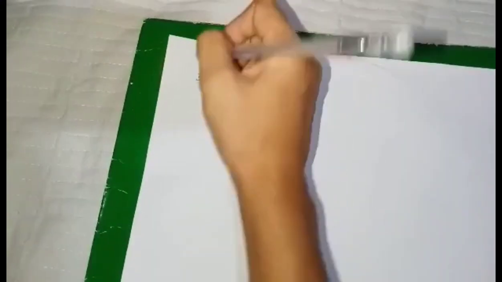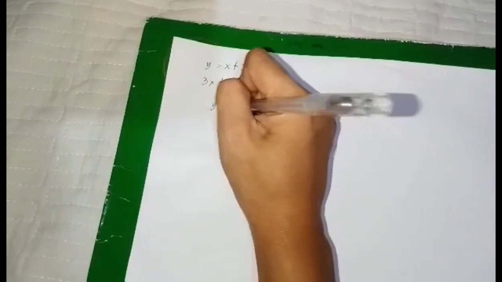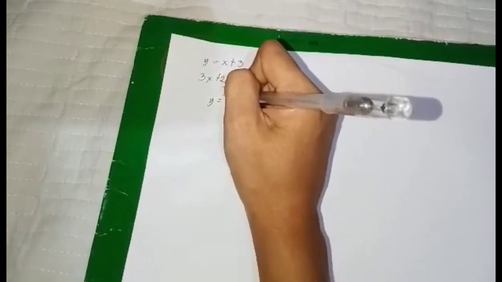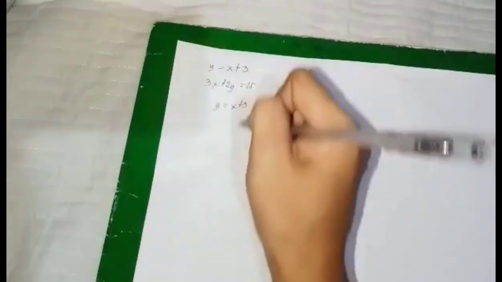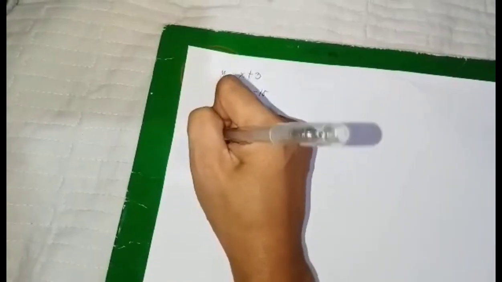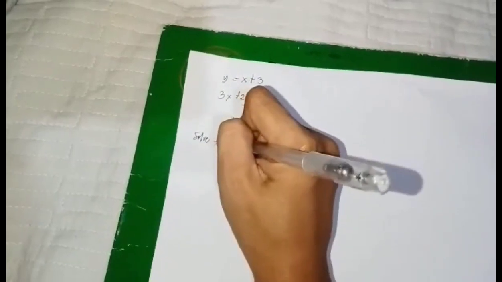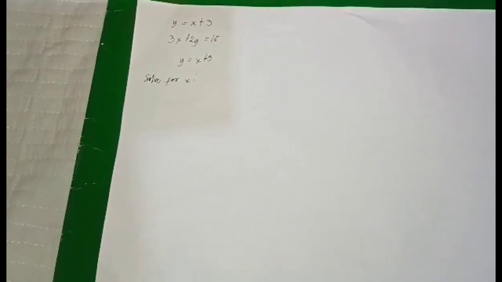So, in the first equation, y is equal to x plus 3. Then solve for x. Choose a simple equation and solve for x in terms of y or vice versa to obtain an equivalent equation.